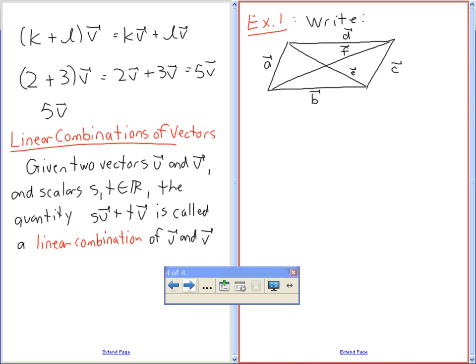That is a parallelogram, okay? I'll draw the 4 corners and then the diagonals. Okay, so what I'd like you to do is write vector A as a linear combination of B and F.